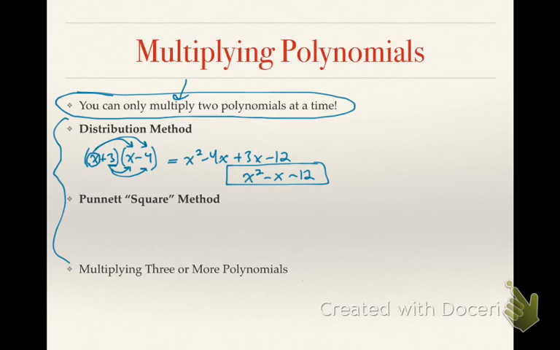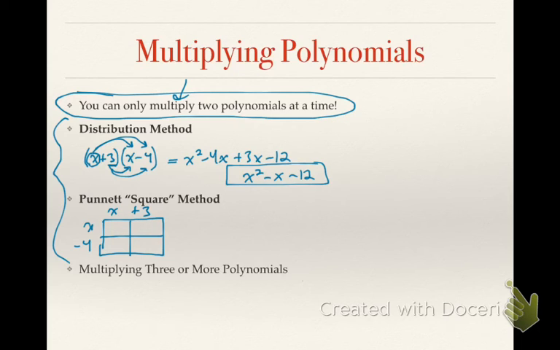That's the distribution method. The Punnett square method, I put square in quotation marks because it's not always a square, and it always bugs me that it says square, because it could be a rectangle, is you set up a rectangular array where the rows and the columns are going to be each of your terms. So if you have x plus 3 times x minus 4, then x plus 3 goes either in your columns or rows, and the x minus 4 goes to the other place.